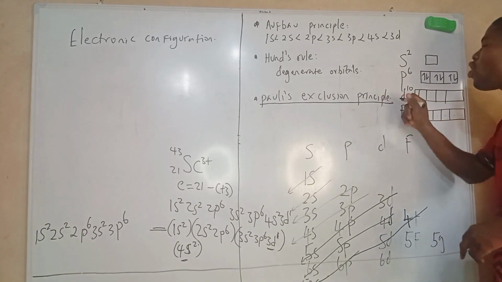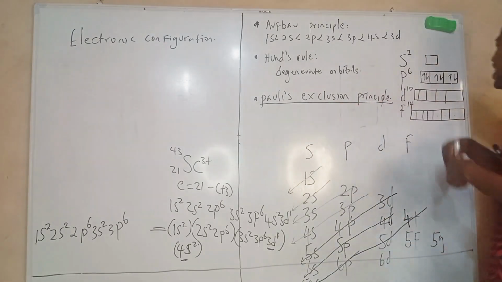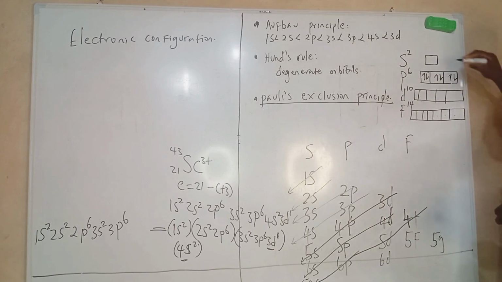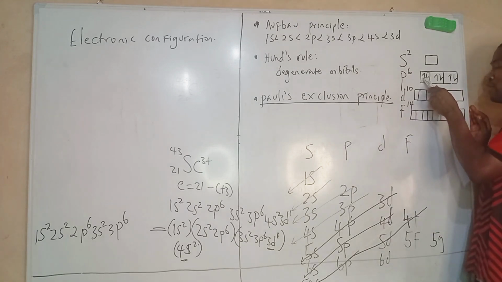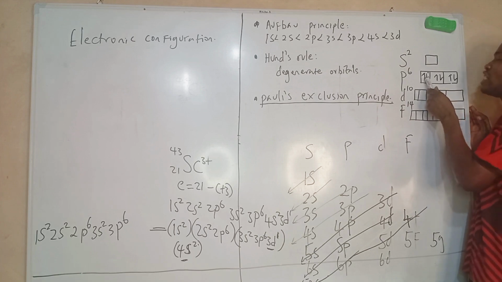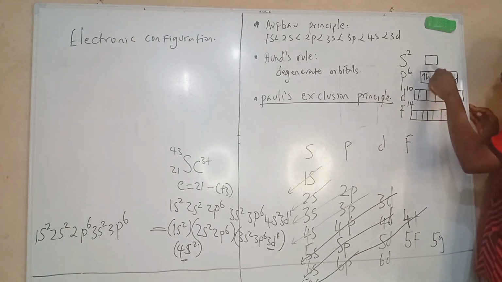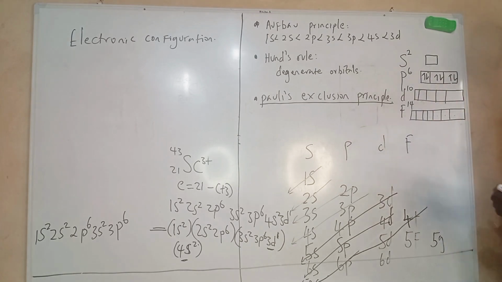Pauli says that no two electrons in the same orbital have the same set of four quantum numbers. At least their spin quantum number will be different. So according to Pauli's principle, in an orbital, if one electron is spin up, the other electron should be spin down. That is Pauli's exclusion principle.